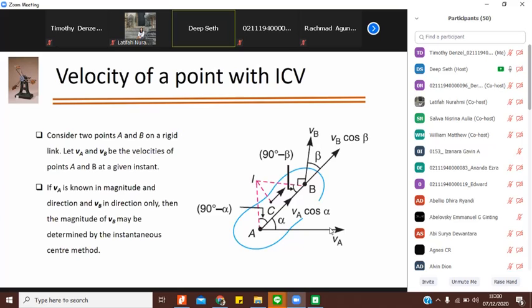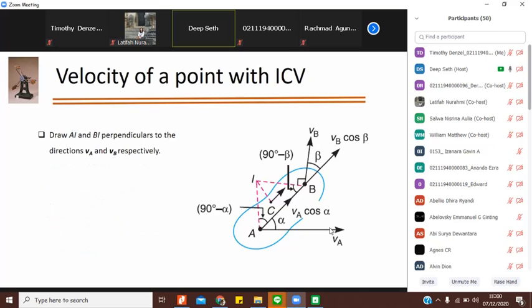Okay, so how will you do that? First you have to draw AI and BI perpendicular to both VA and VB. So where is your VA? This one. And VB is this one.